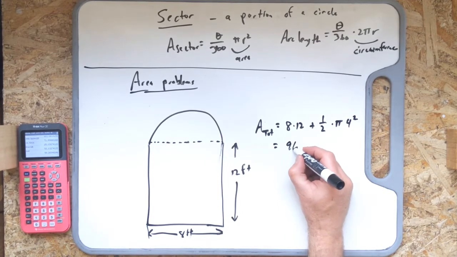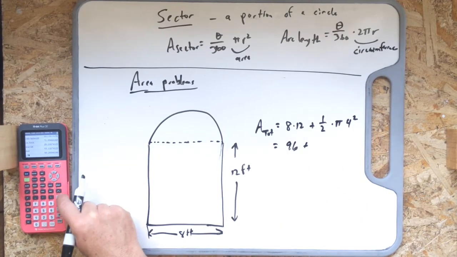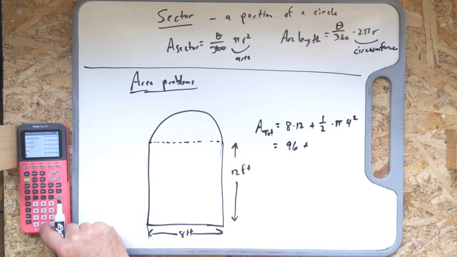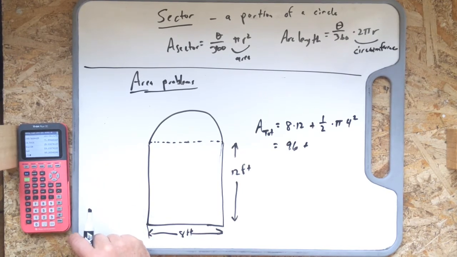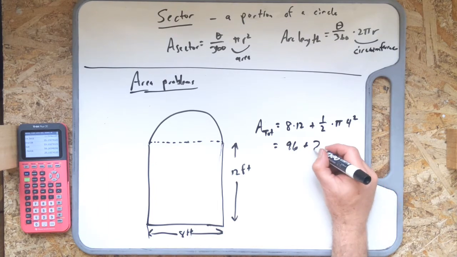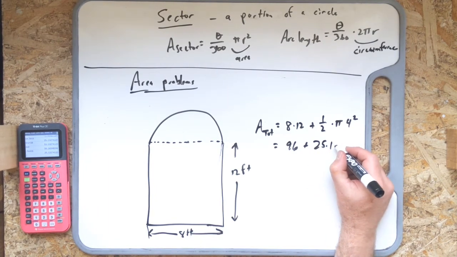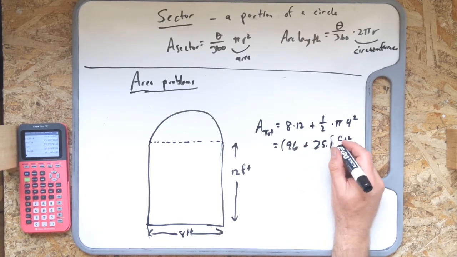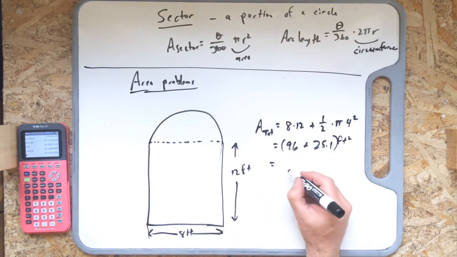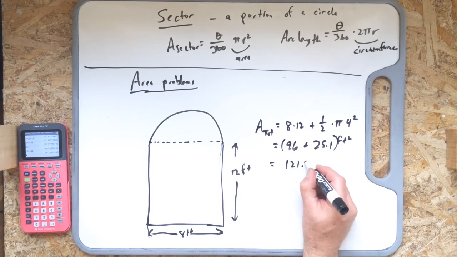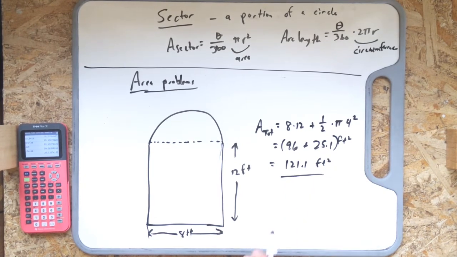Or this is 96 plus, and I can't really do the pi numbers in my head, 25.1, same as the last one actually, feet squared, which is, what is that, 121.1 square feet total. Okay, that's an example of an addition problem.